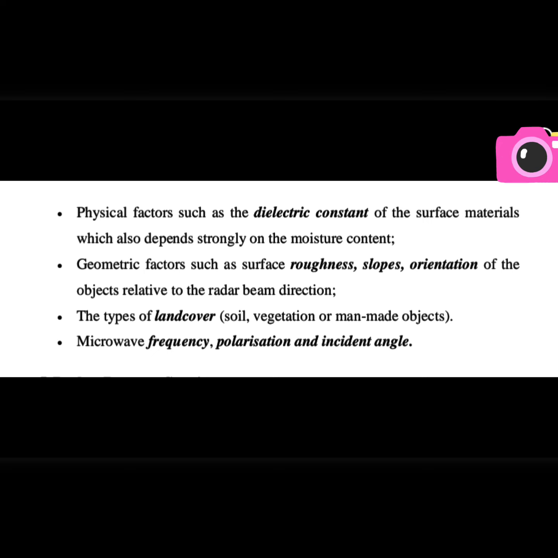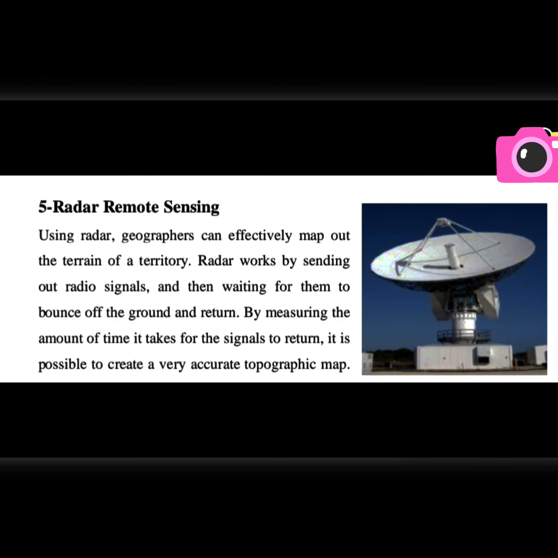Second, geometric factors such as surface roughness, slopes, orientation of the objects relative to the radar, beam direction. Third, the types of land cover, that is soil, vegetation, or man-made objects. Fourth, microwave frequency, polarization, and incident angle.